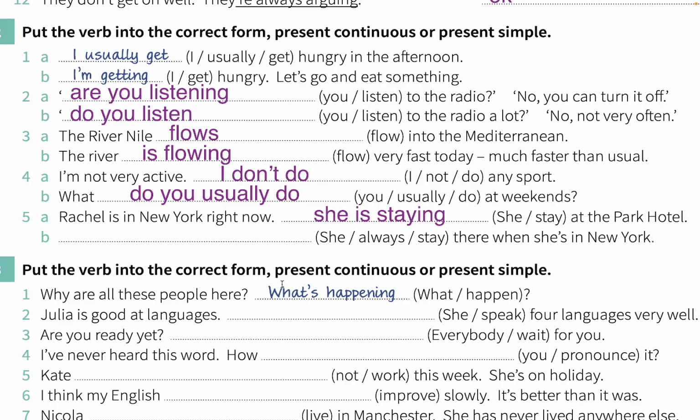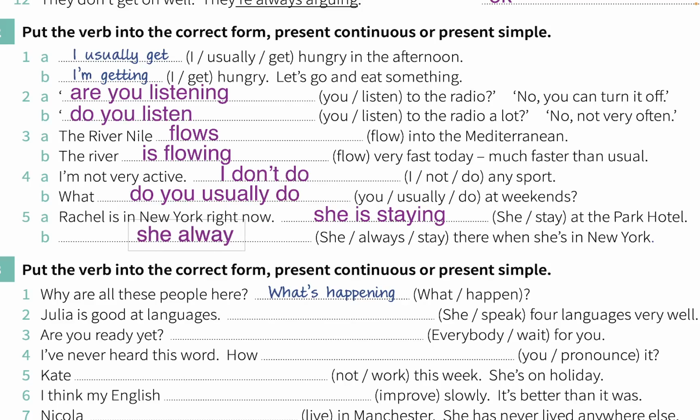She always stays there when she's in New York. The correct form is: she always stays there when she's in New York.